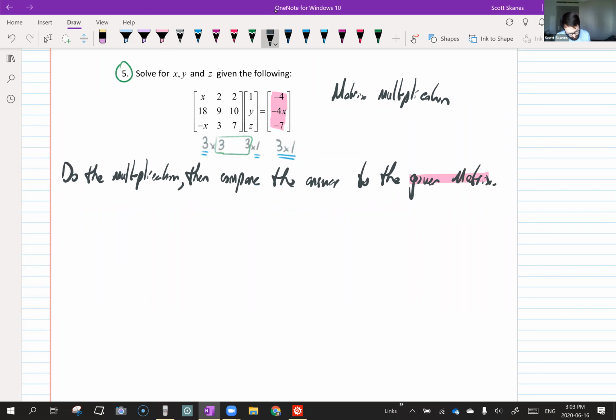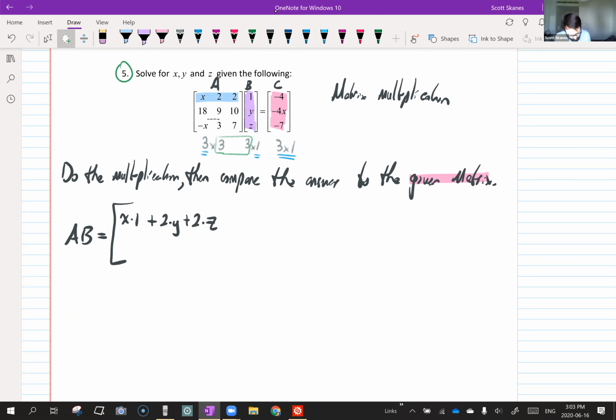Let's do our multiplication. Our answer, I'll just call it A, B, and C. Our matrices multiplied together is going to be x times 1 plus 2 times y plus 2 times z. That's my first row multiplied by my first column.